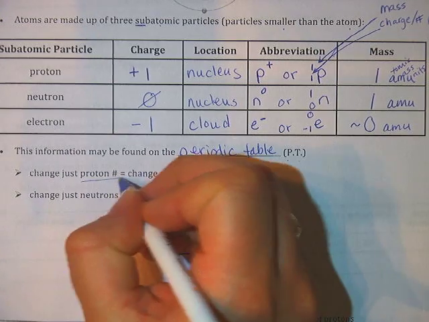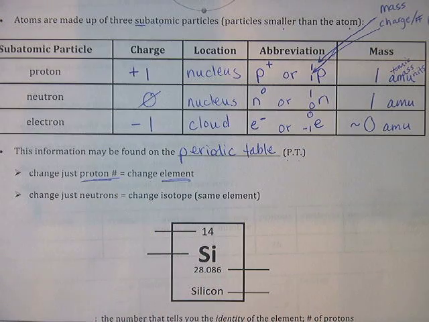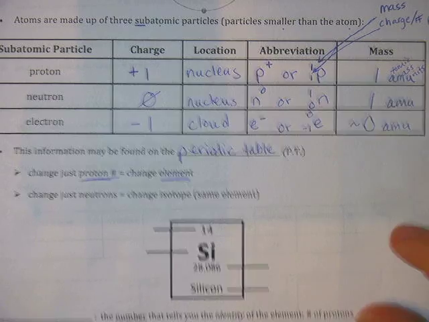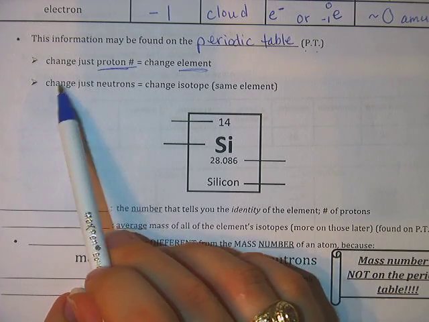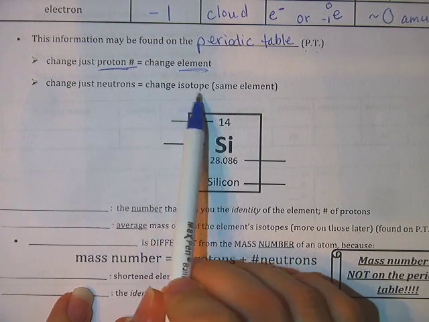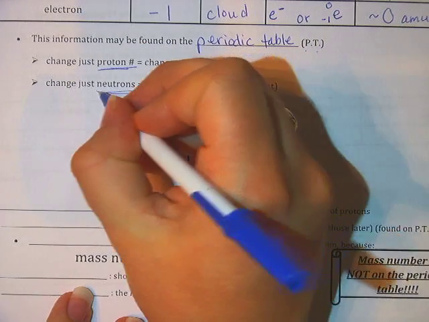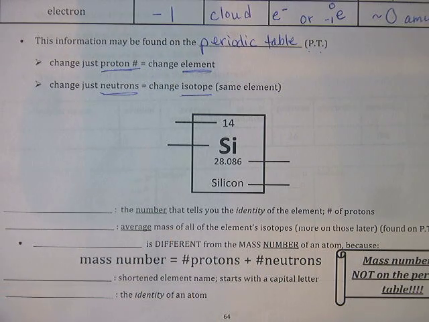The number of protons identifies the element. If you change the number of protons, you're talking about a different element. If you keep the protons the same and change just the neutrons, you're going to change what isotope you're looking at. It'll be the same element but a different isotope, and we're going to talk about isotopes more in a moment.